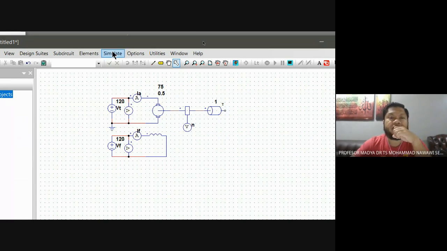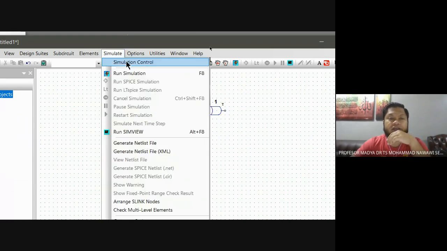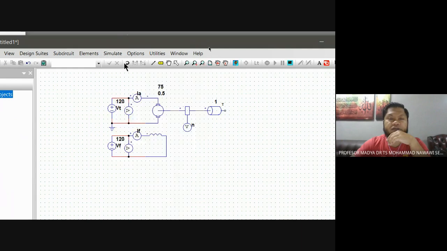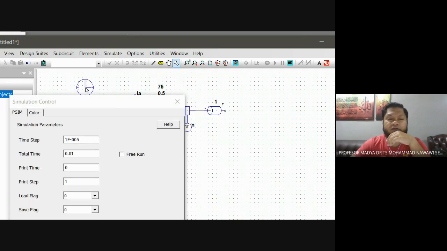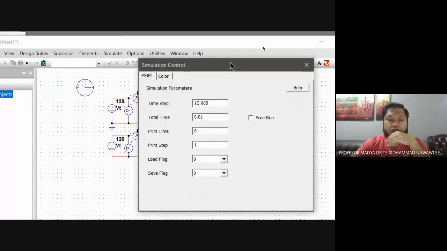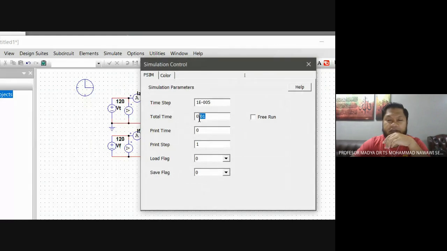Now the simulation parameters. We need to put in the simulation parameters to define how long you're going to simulate the circuit. Let's say we're going to simulate for 4 seconds, right?